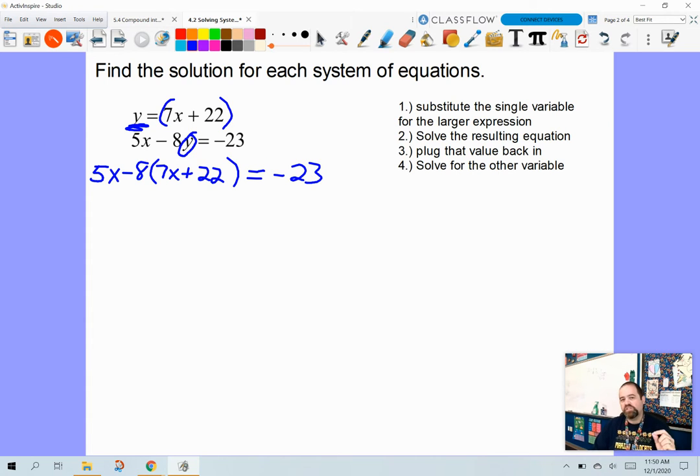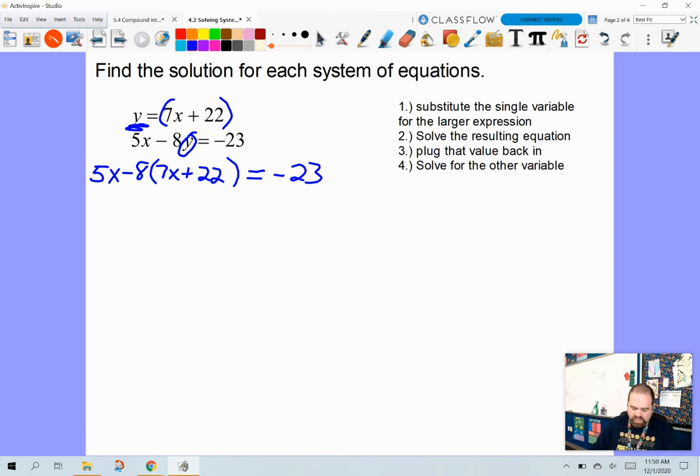So what you've done is you've taken a single variable out and substituted a bigger expression that was equivalent to that single variable, right? You can trade those two things out left and right. When I do that, I create a physically bigger equation, but if you notice, it only has one variable in it. And from what we did previously in the year, I can solve an equation that has a single variable in it.